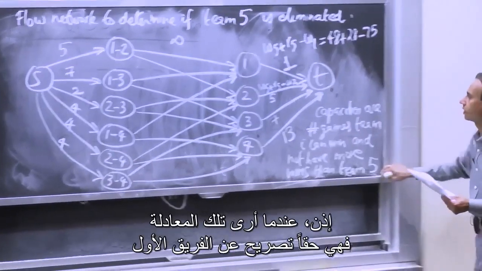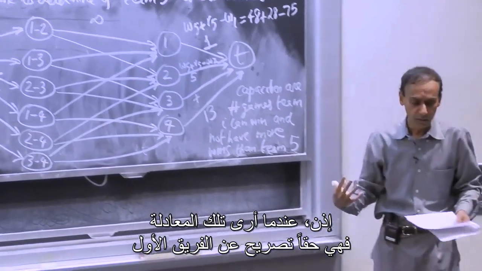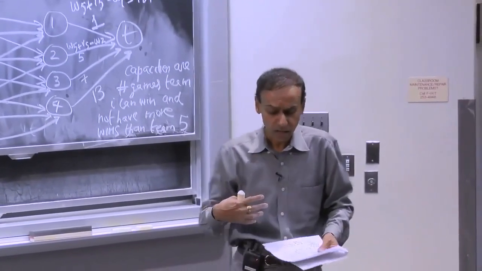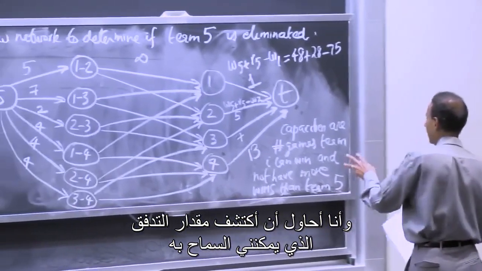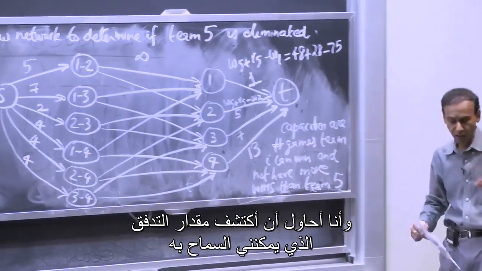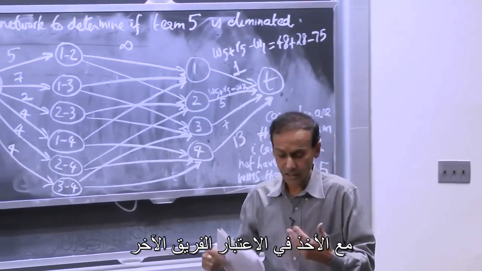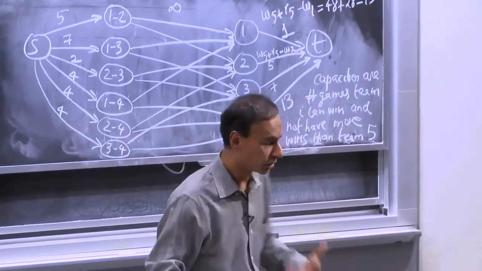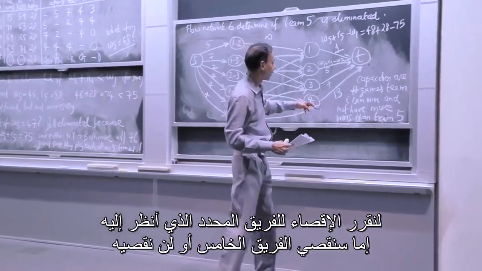Okay, so this is really a statement about team 1 when I see that over there, or team 2 for the other edge. And I'm just trying to figure out how much I can allow with respect to this other team to determine elimination for the particular team that I'm looking at, team 5 or not.